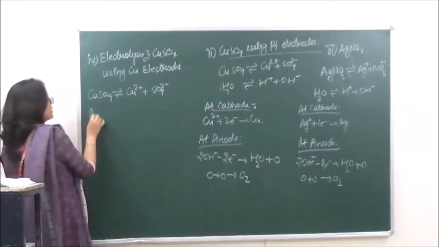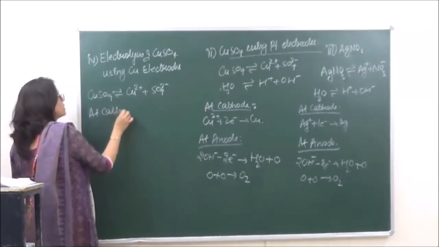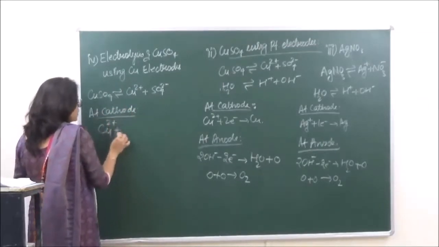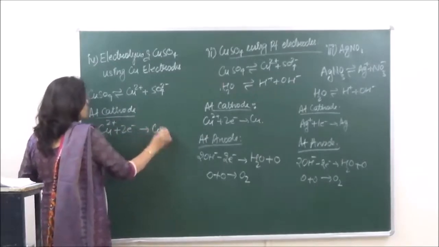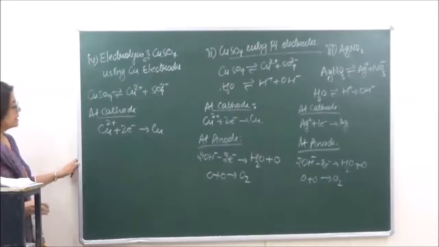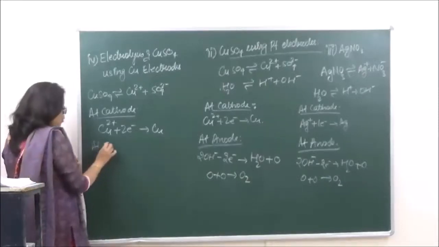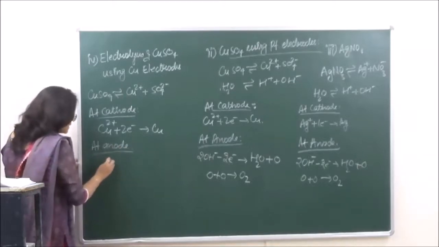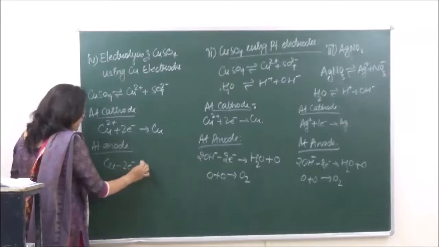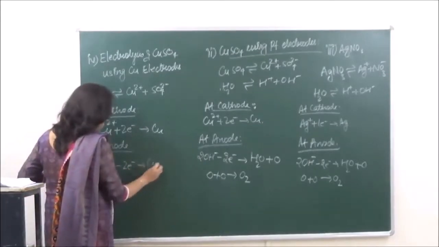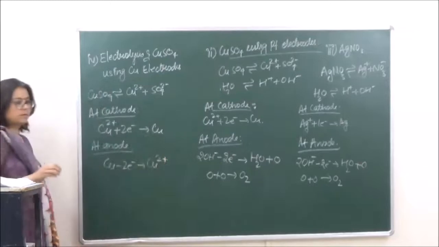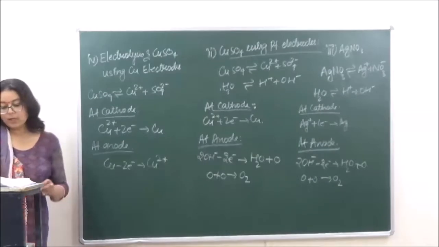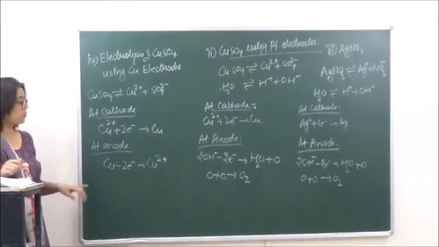So the reaction at cathode is going to be a reduction reaction, Cu2+ plus 2 electrons to give us copper. Whereas at anode a reverse reaction is going to take place, that is copper loses 2 electrons to give us Cu2+. Is it clear? Because we are taking reactive electrodes over here, this is how the reaction is going to take place.